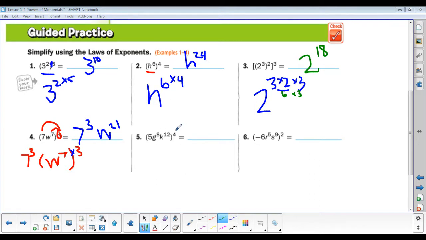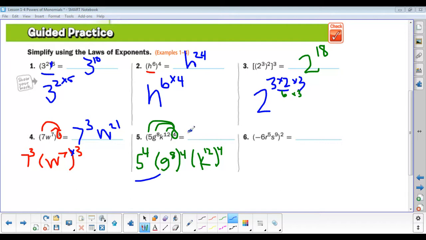For number 15, I want to make sure that this exponent of 4 gets distributed to the k, to the g, and to the 5. So we have 5 to the 4th, g to the 8th, to the 4th, and k to the 12th, to the 4th. Notice that here, I'm just going to leave it.